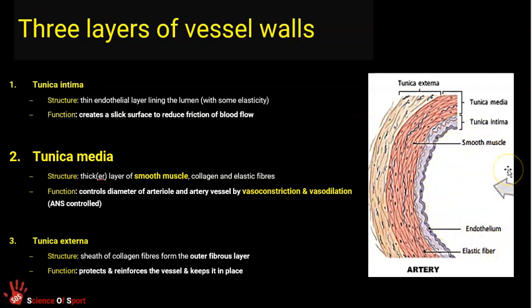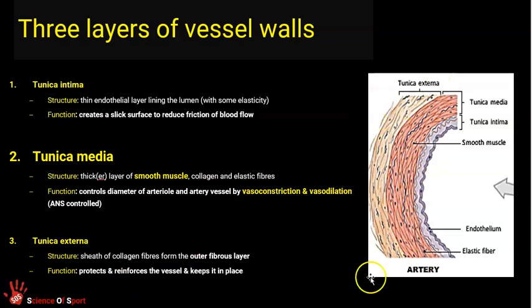That's logical. We want this middle layer, this muscular, smooth muscle layer, to be able to constrict and vasodilate. We know that from our earlier work in some of the other systems, when we were looking at types of muscle tissue. We know smooth muscle can constrict or dilate. So that's the job of this middle tunica media layer.